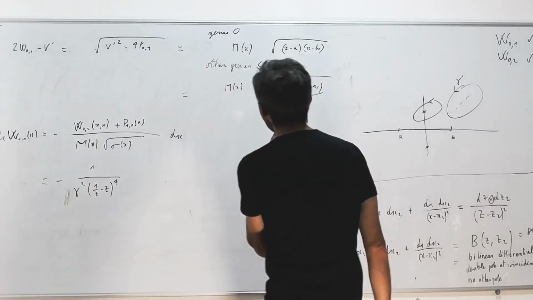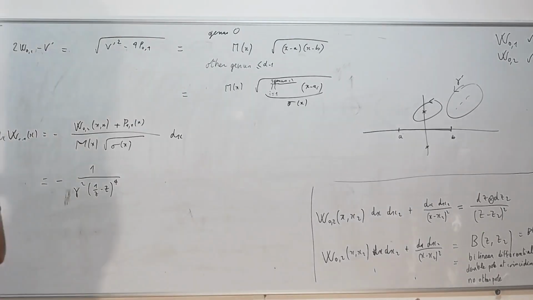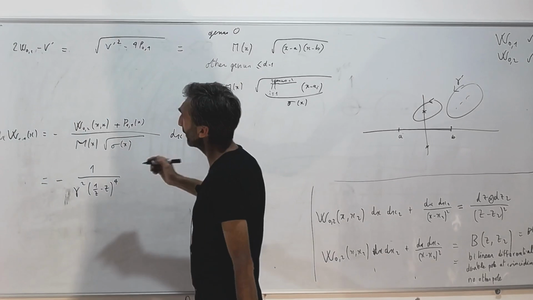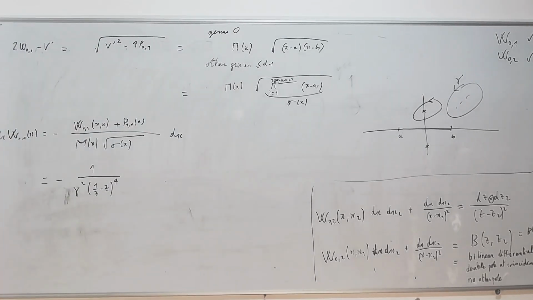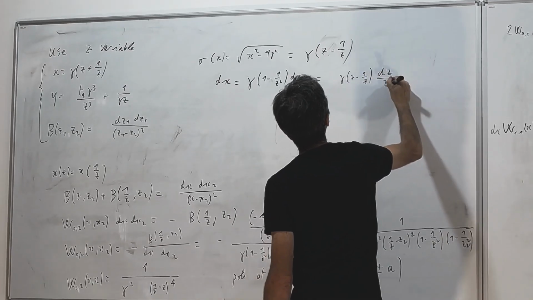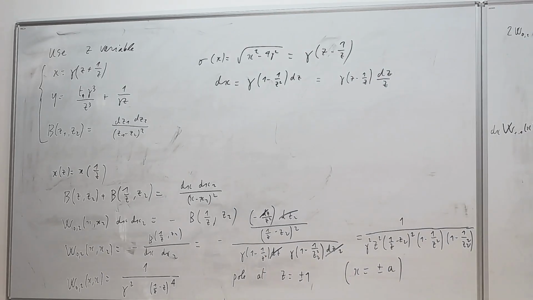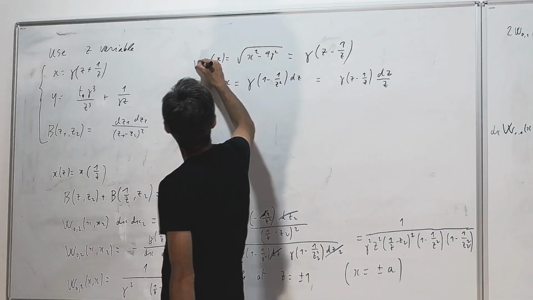In this case, square root of sigma was gamma z minus 1 over z, but dx, let me write it in this way. It is gamma z minus 1 over z times dz over z. So dx over square root of sigma, sorry, this was square root of sigma here.